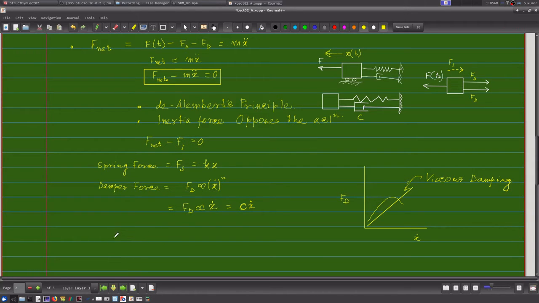Okay, so if I put these values of spring force and damper force in my original equation of motion, then I will get Ft minus Fs, which is K times X, minus Fd, which is C times X dot, is equal to m x double dot, right?